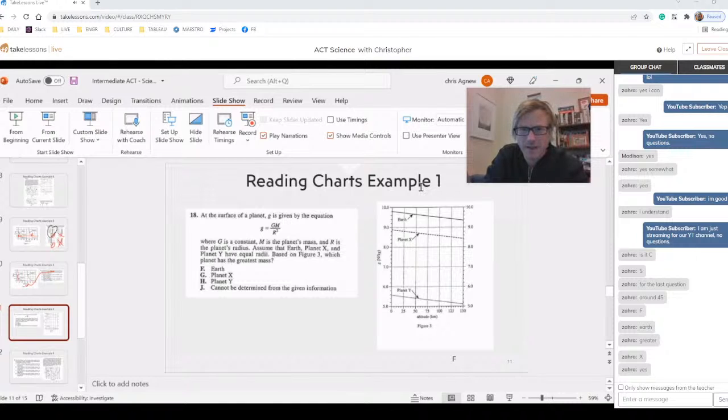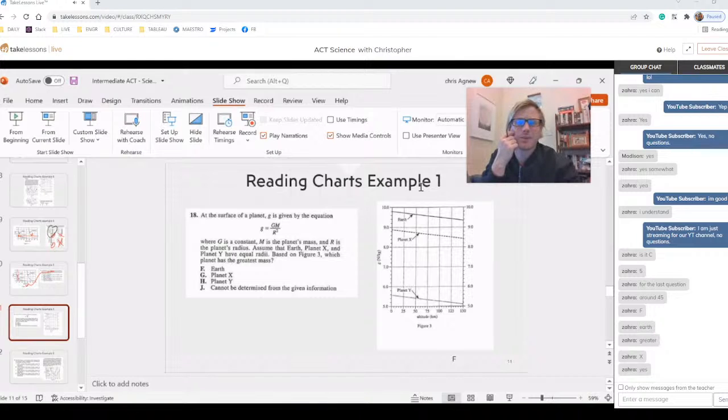So M is the mass, G is a constant, and R is the planet's radius. Which has the greatest mass? Oh, interesting. So I see what you're saying.